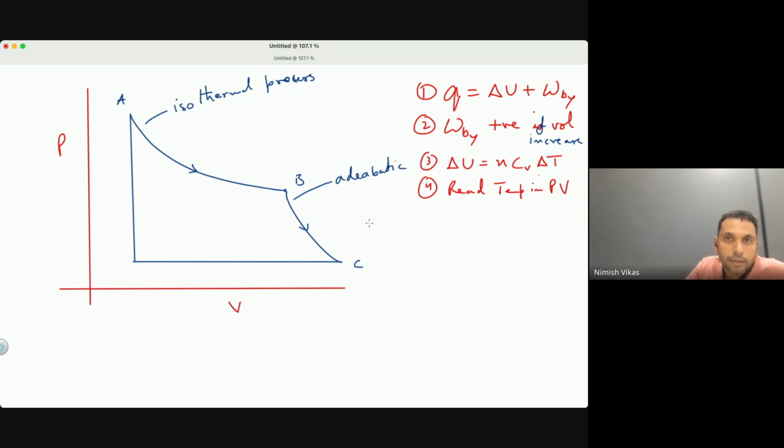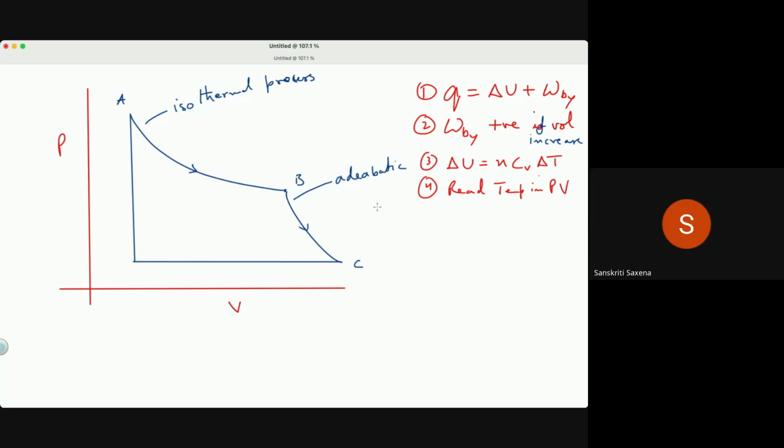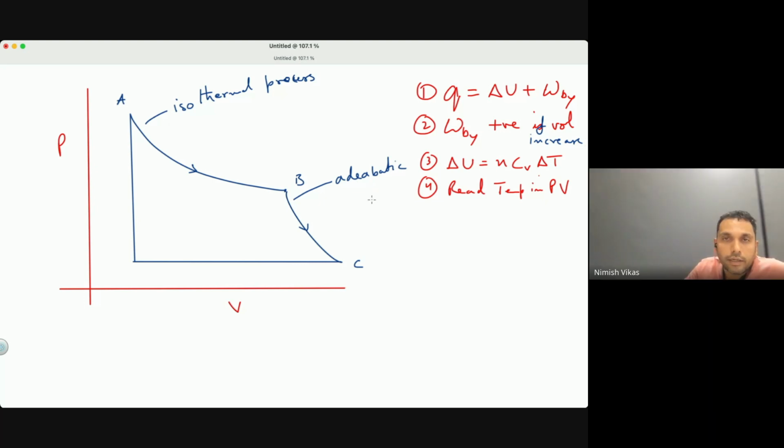Anybody? Again, it's a term, so you can totally ask what it means. When the heat supplied or rejected is 0. There is no heat supplied or rejected to the system.